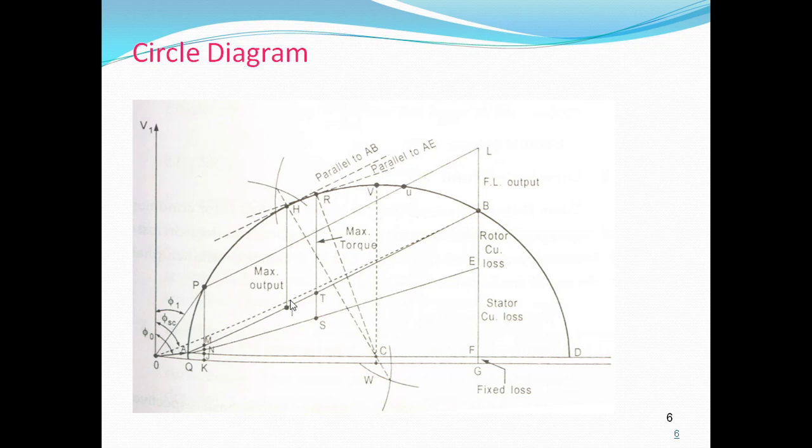To get the maximum input, it occurs at the highest point of the circle, that is V. At point V, where the tangent to the circle is horizontal, it is proportional to VW.